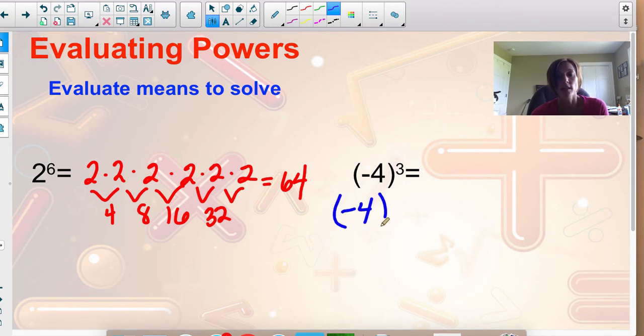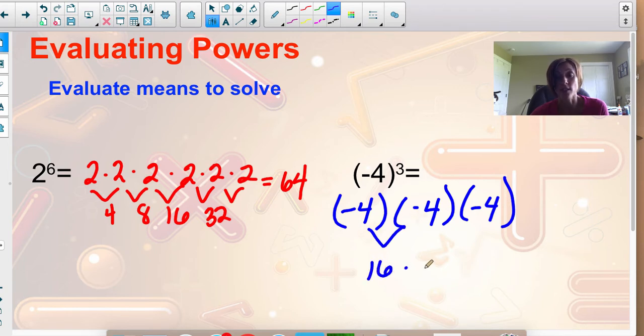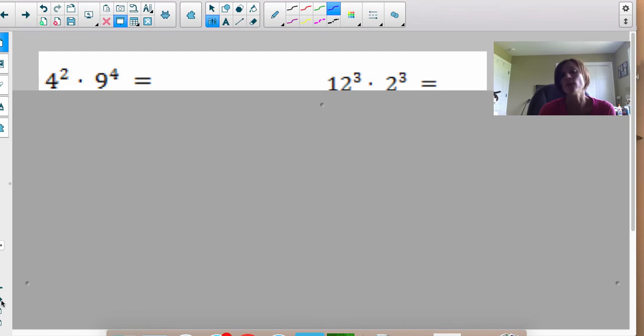I'm going to go ahead and write number 2 out. -4 is the base. We want it 3 times multiplied, says the exponent. -4 times -4 is positive 16. 16 times -4 leaves us with -64 for example 2.